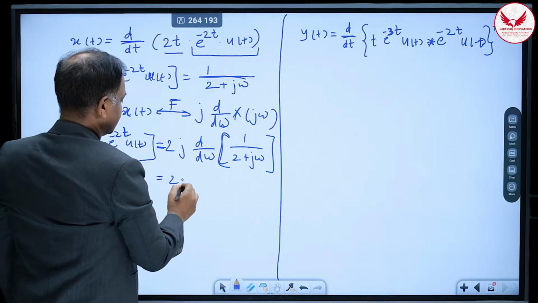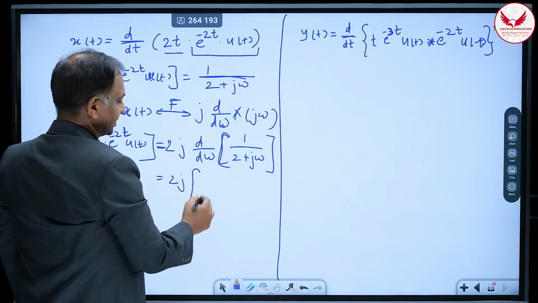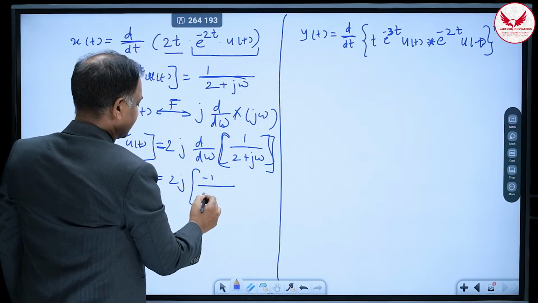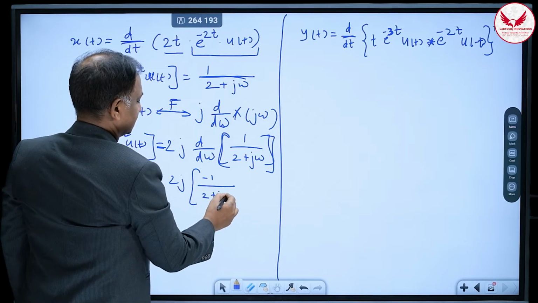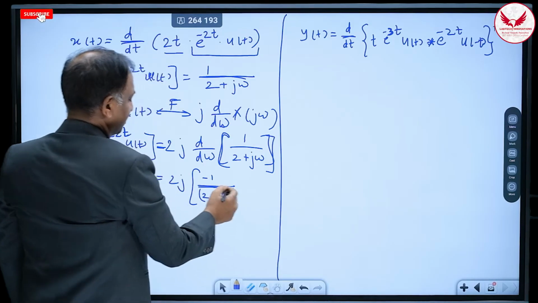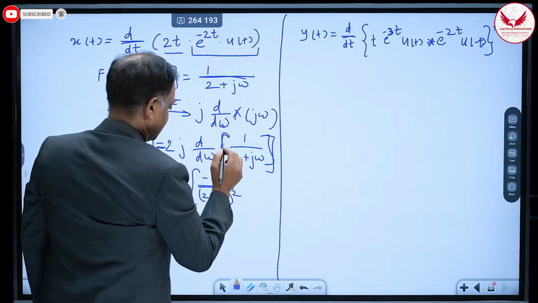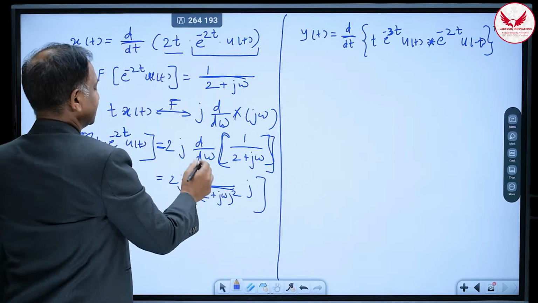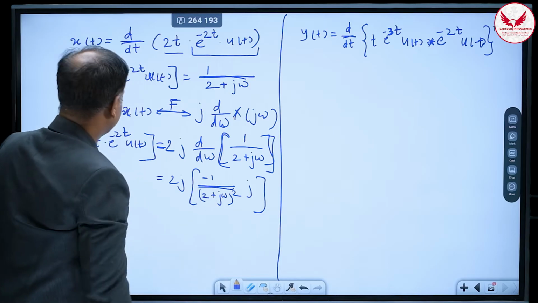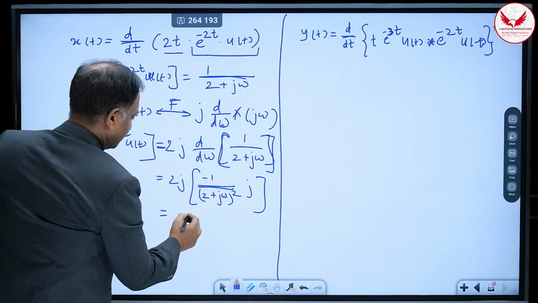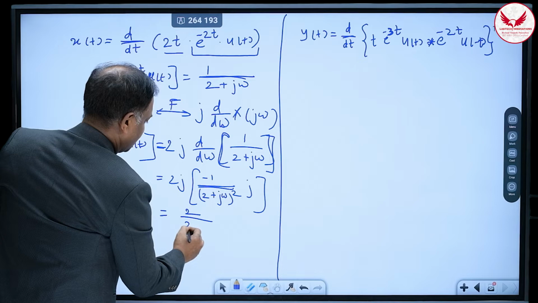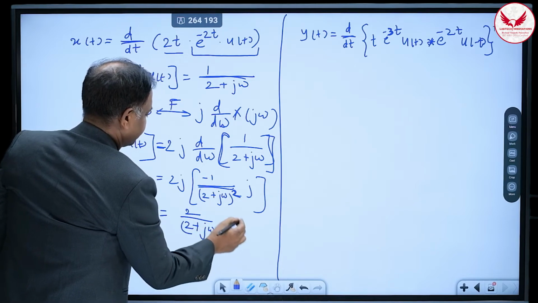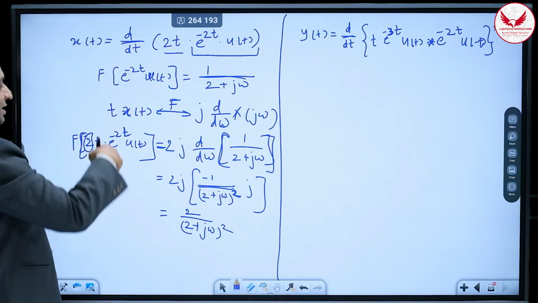So this is equal to 2 times, the derivative of 1 upon x is minus 1 upon x square, so minus 1 upon (2 plus j omega) square into the derivative of this, which is j. So j square is minus 1, into minus 1 is plus 1. So this is equal to 2 upon (2 plus j omega) square.